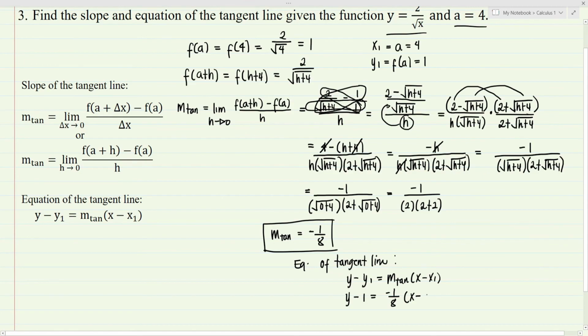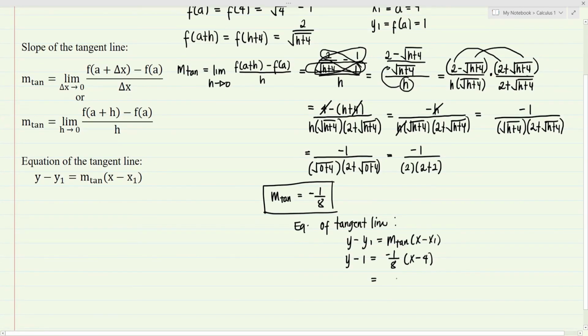I can distribute negative 1 over 8 to the factor x minus 4. I would have here negative x over 8 plus negative 1 over 8 times negative 4, that would be 4 over 8 or positive 1 half. Copy y minus 1 on the left side. Then for my final answer, I'd want it to be in the slope-intercept form.